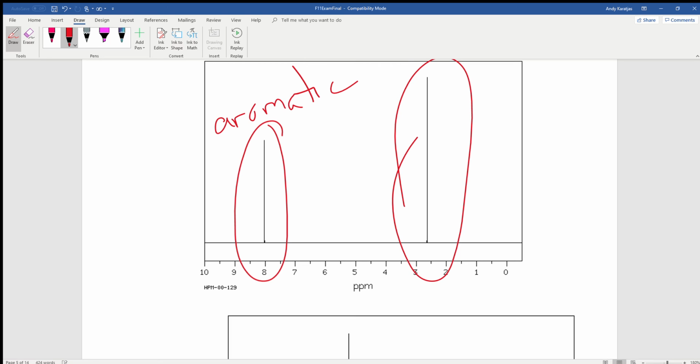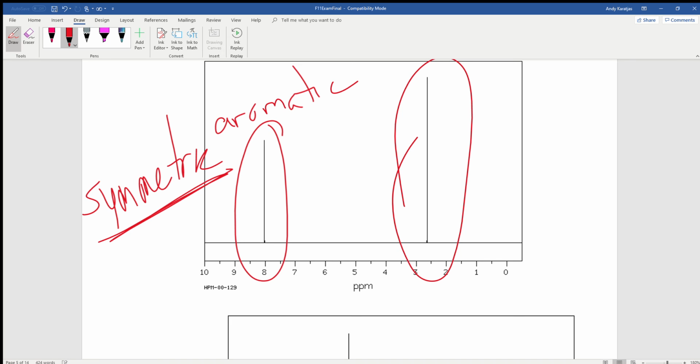We probably guessed that we had an aromatic ring based on the degrees of unsaturation that we previously calculated, but now we can be even more certain of that. The second thing our NMR tells us is that this molecule is highly symmetric. Again, that's a reflection of the fact that there's only 2 peaks in the entire spectrum.